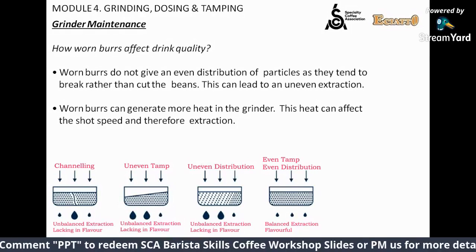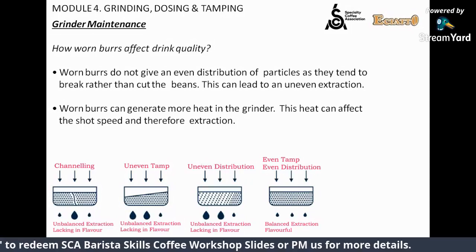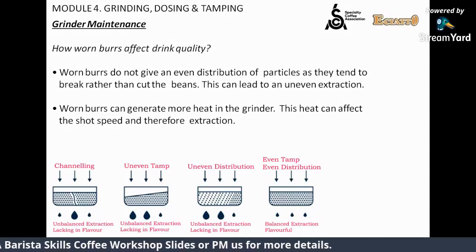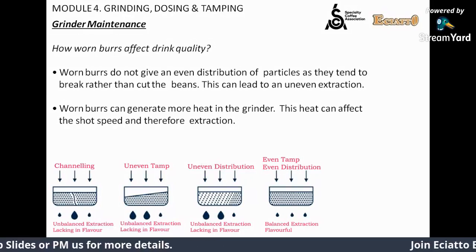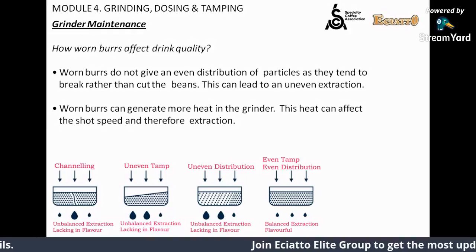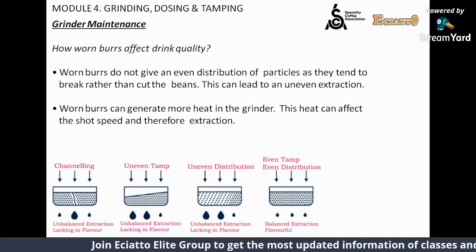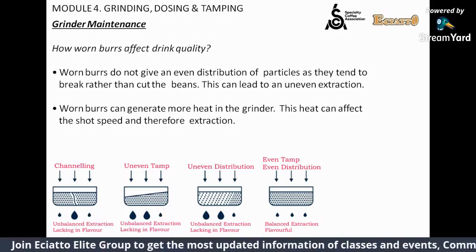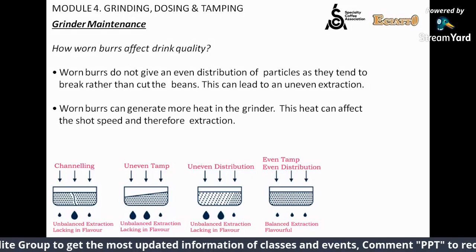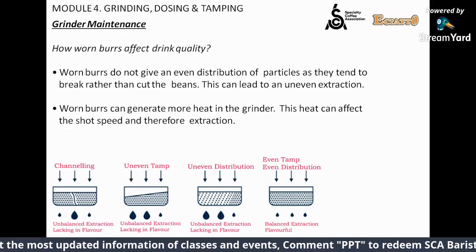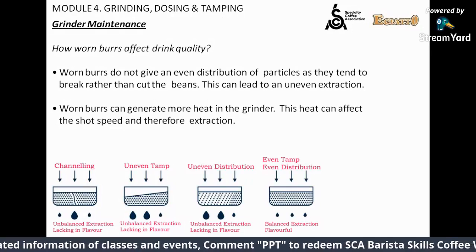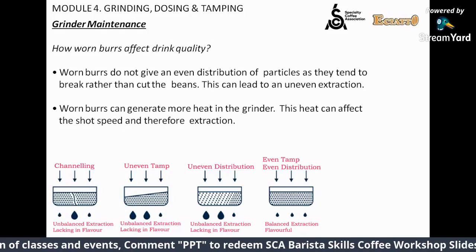You can look at the photo. This is some of what is going to happen. Normally when we brew, what do we actually look for? In the first picture you can see channeling, uneven tamping and uneven distribution. If you have good tamping and good powder distribution, the extraction should give you a perfect shot of espresso.